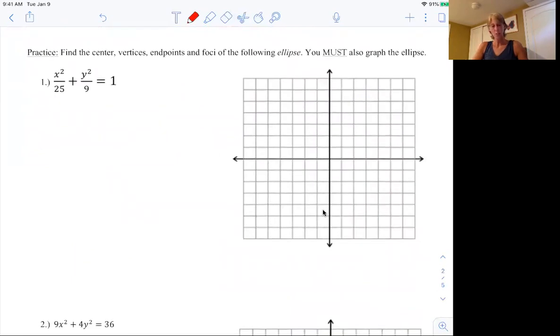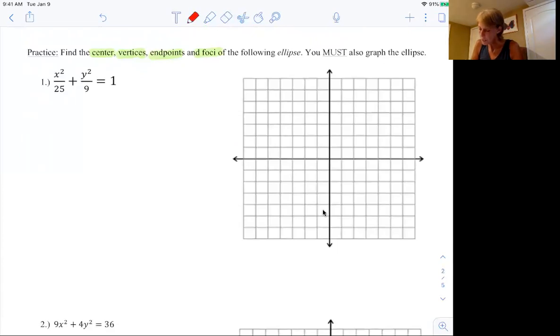So we have an equation in front of us. We want to find the center, the vertices, the endpoints, and the foci of the following ellipse. We're going to graph the ellipse, and remember that each of these things, center, vertices, endpoints, and foci, we have to identify on our page.